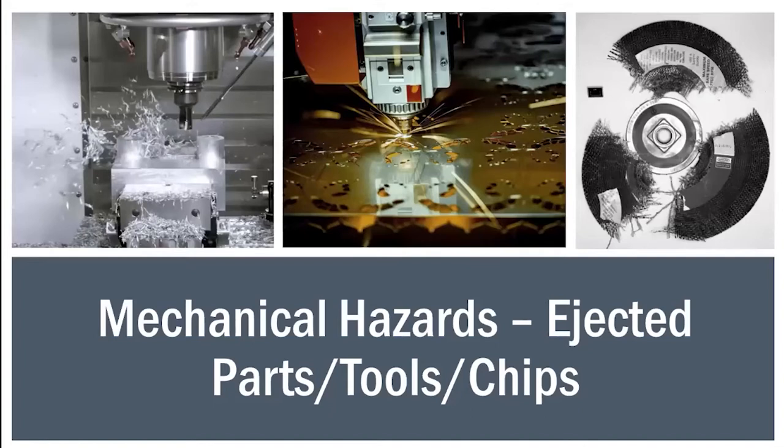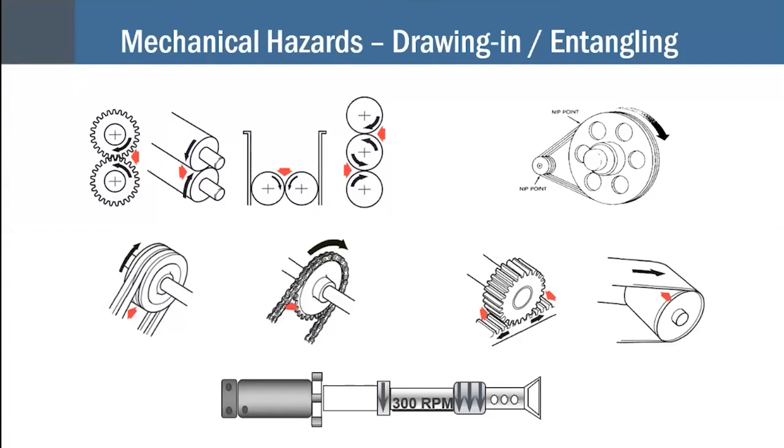Again, it's important to talk to the operator about how they're using the machine. A metal cutting machine will have very different hazards depending on the speed and feed and tooling and material they're cutting. So it's important to really query about that. More mechanical hazards include drawing in, entangling, rotating shafts, and running nip points.